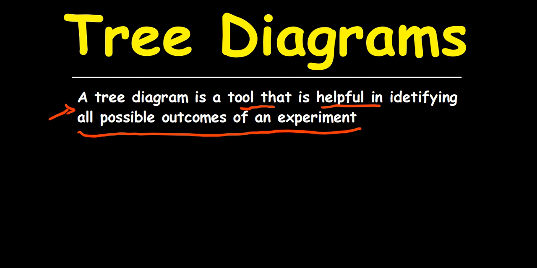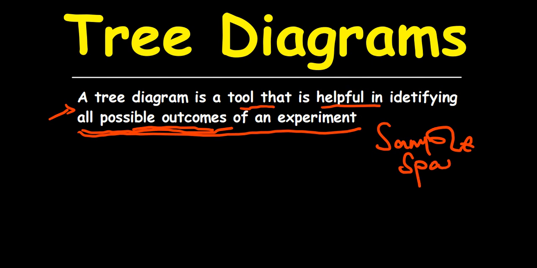So these will be very important for us to come up with the possible outcomes of that experiment. These possible outcomes, we said they were what? If we get all the possible outcomes of an experiment, that was making what we were calling the sample space. So we can use a tree diagram to show the sample space of an experiment.